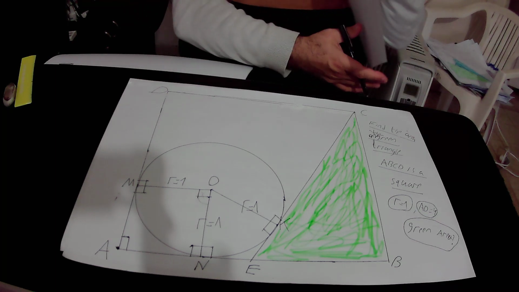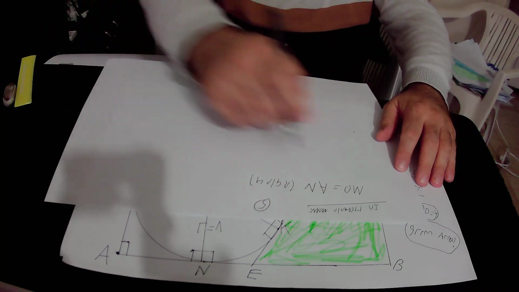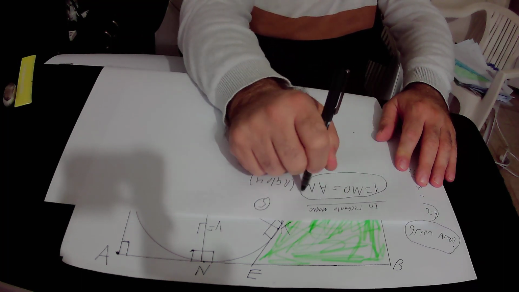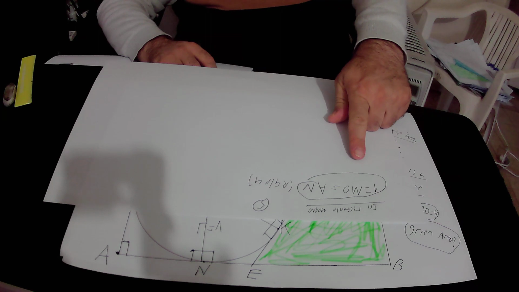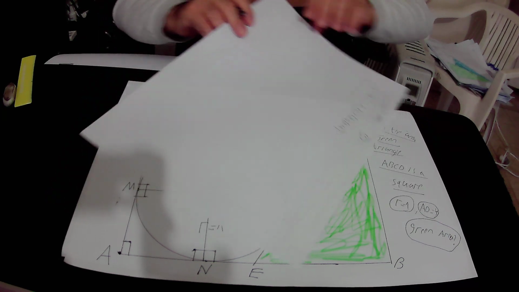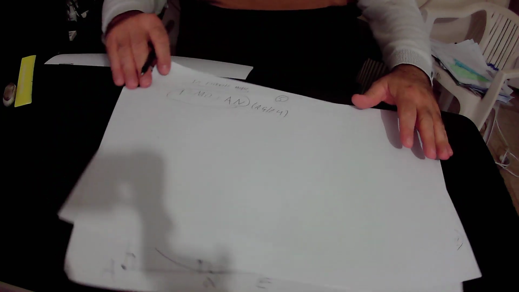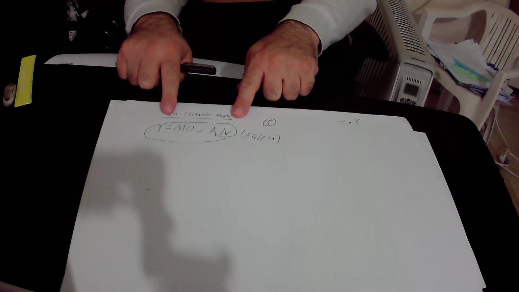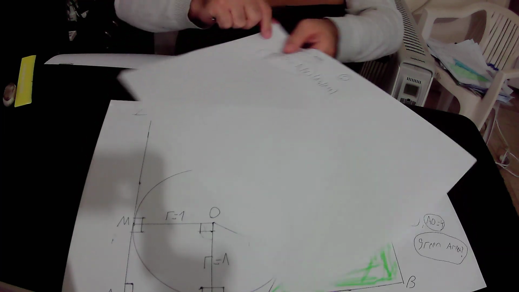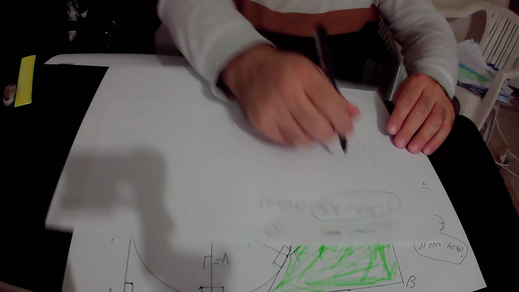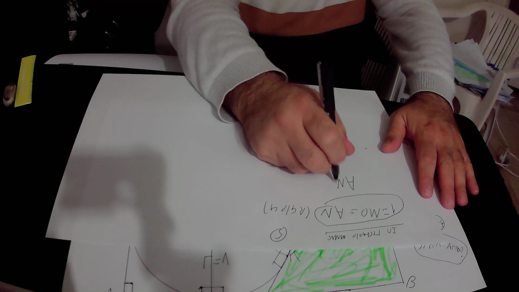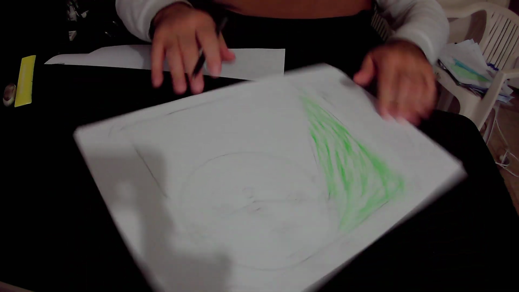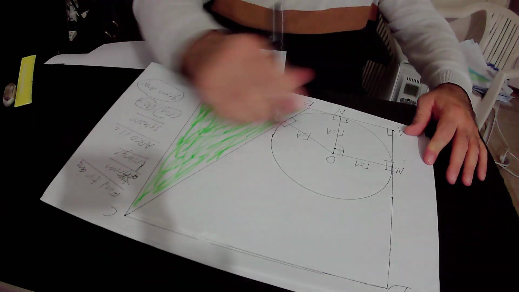So we can write here that MO equals 1 unit. And from this equality, we will conclude that AN also equals 1 unit. So we can write here that AN equals 1 unit.